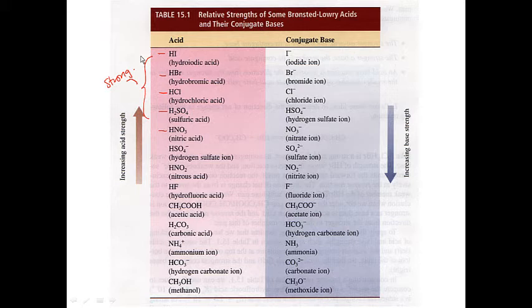But they're still measurable Ka values, or even if they're not measurable, there are ways to determine which Ka value is larger. So while we treat these as if they're strong and completely dissociate, there is a way to tell the difference between HI, HBr, HCl, sulfuric, and nitric in their dissociations. And so we do have HI being measured experimentally to be a stronger acid than HBr, than HCl, on down the line.